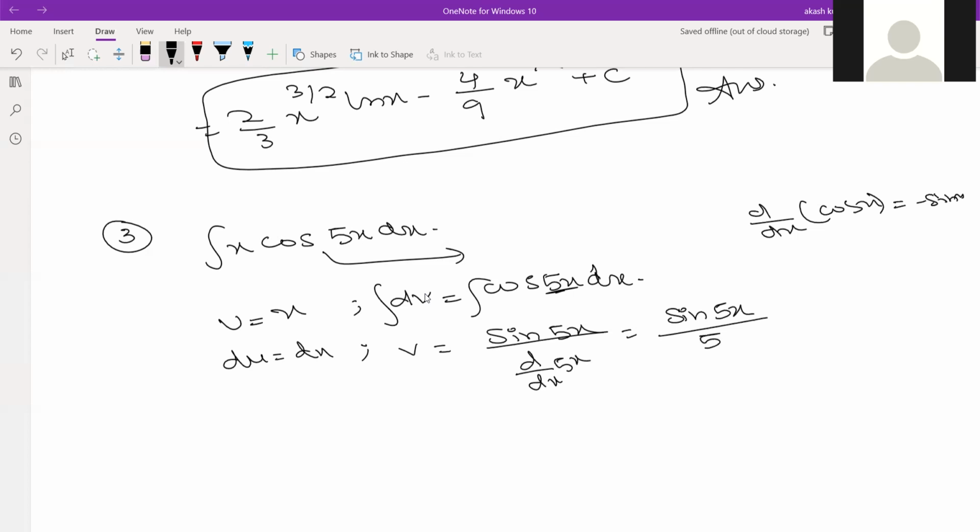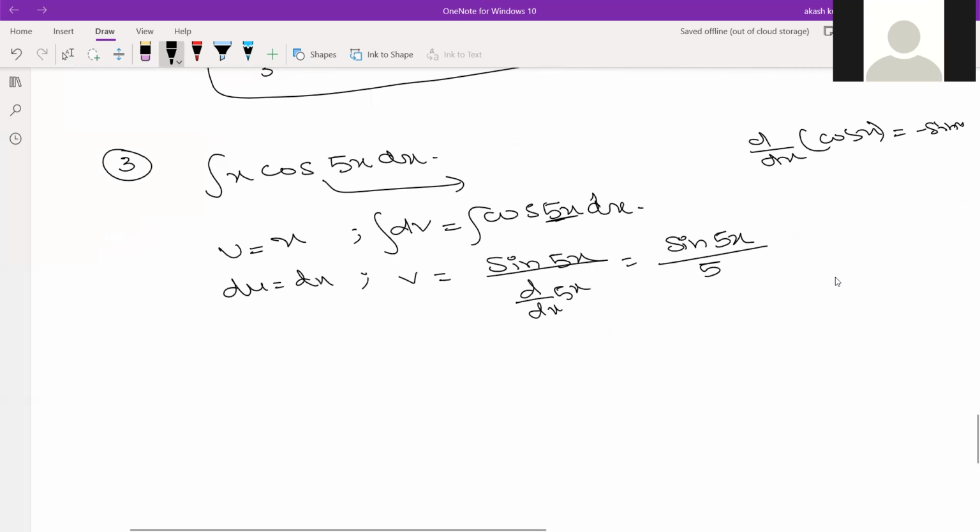Okay. Now it becomes u is x, v is sin 5x over 5, minus the integral of v, which is sin 5x over 5, and du, which is dx.